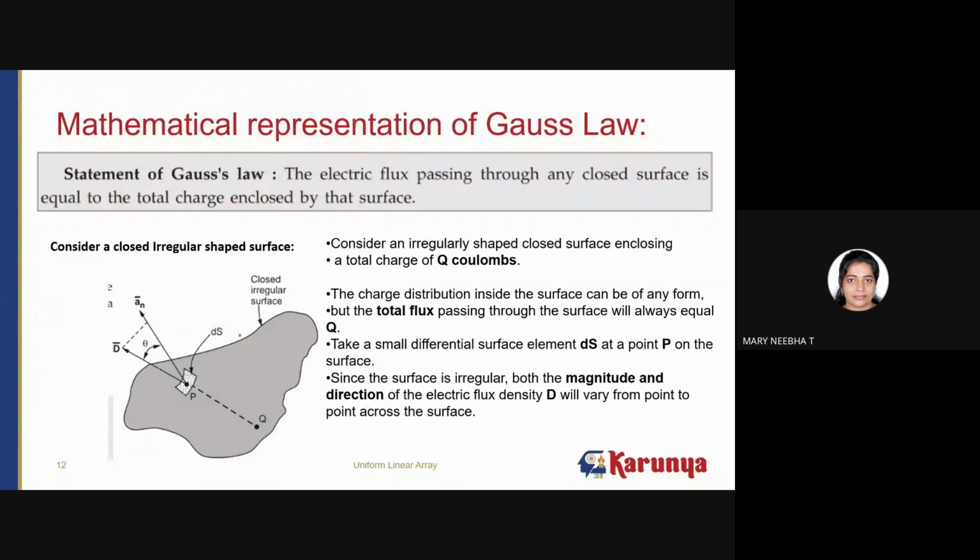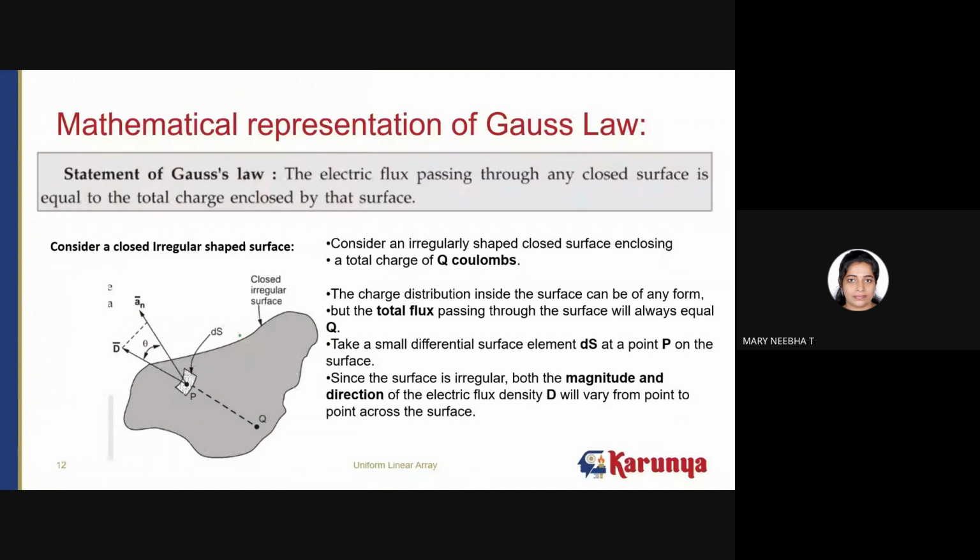We have just derived this when the enclosed charge is a point charge. When the enclosed charge is a line charge, it again differs. So we have to represent it with respect to the line charge density rho L. We all know that Q is the line integral of rho L into dl. So we can apply that and find the value for the flux. And if we go for the surface charge, then psi is nothing but Q, which is equal to the surface integral of rho s into ds.